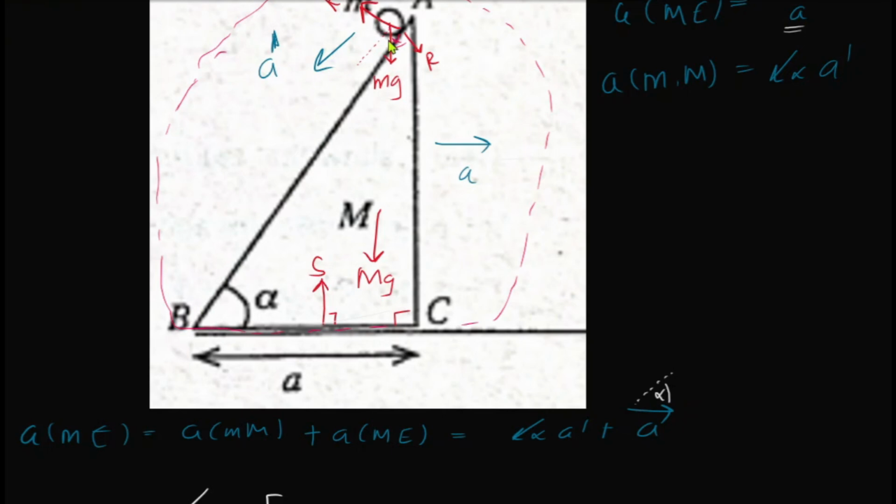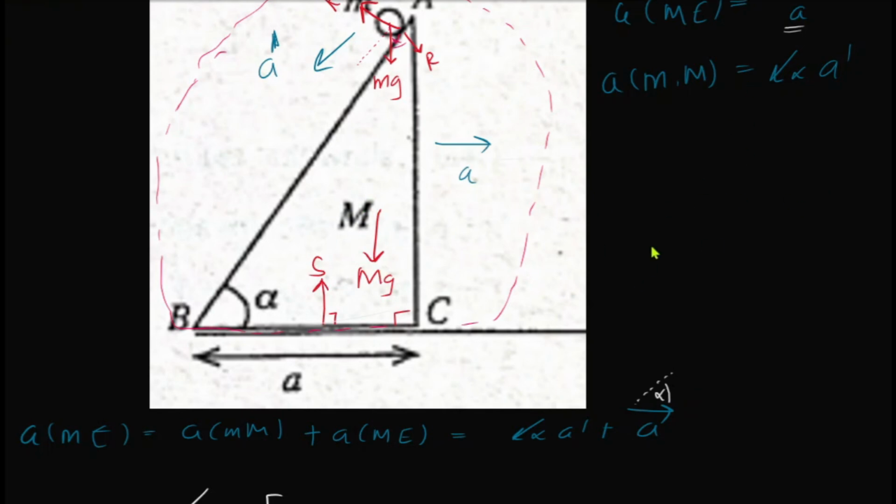When the particle travels this distance, the wedge will travel a certain distance to this side. So the particle takes t amount of time to reach here. We need to find the velocity of the wedge within that t time. Initially it was 0.